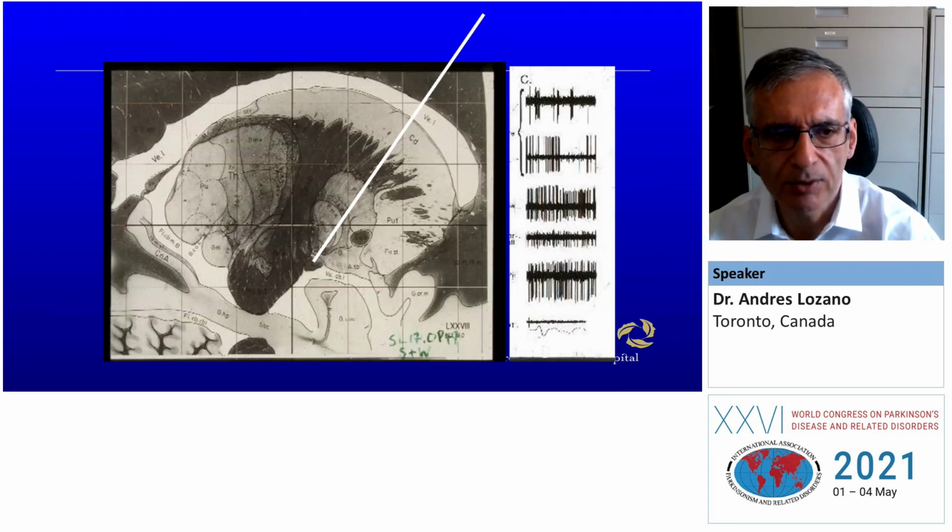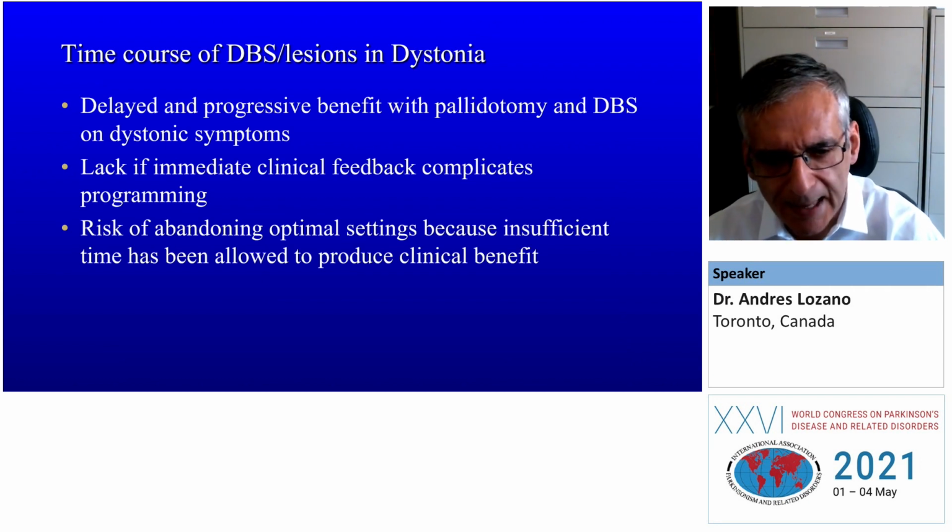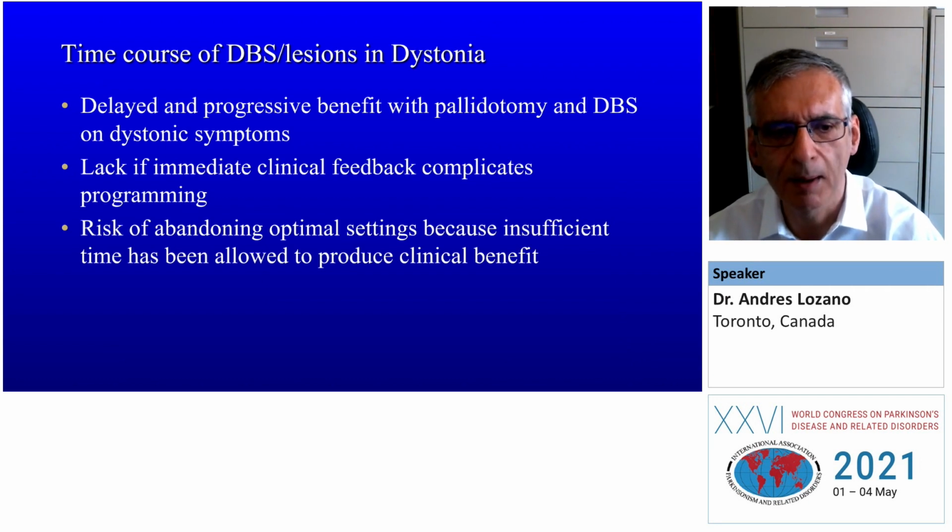And in dystonia in particular, we are plagued by this delayed and progressive benefit with pallidotomy and DBS on dystonic symptoms. So there's a long latency, often weeks or even months, between the intervention and the clinical benefit. And this lack of immediate clinical benefit really complicates the programming, because it's possible that you might be at the optimal setting, but because you haven't waited enough, you actually move to a new setting that is suboptimal.